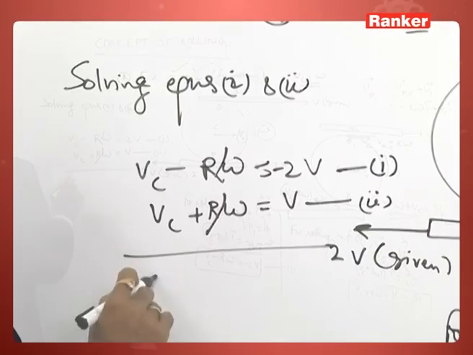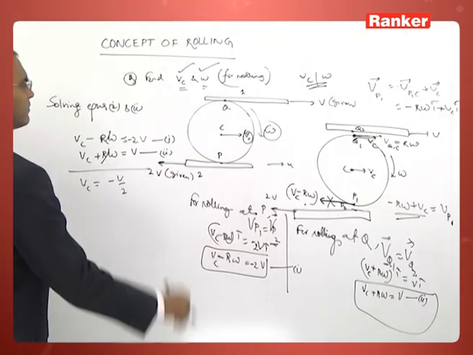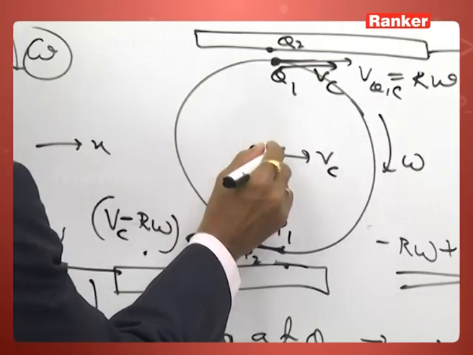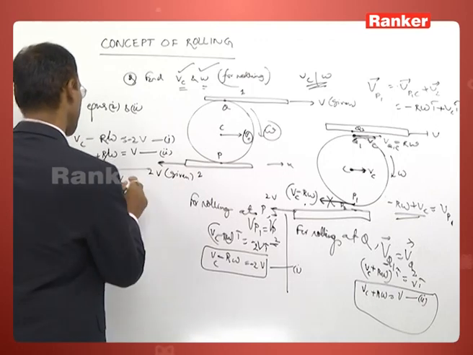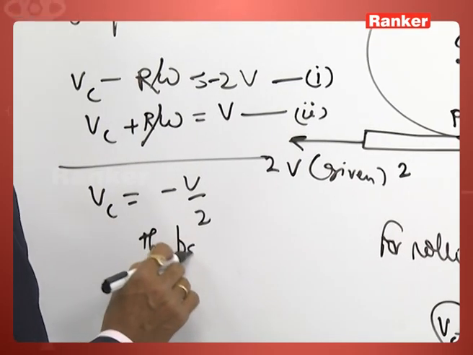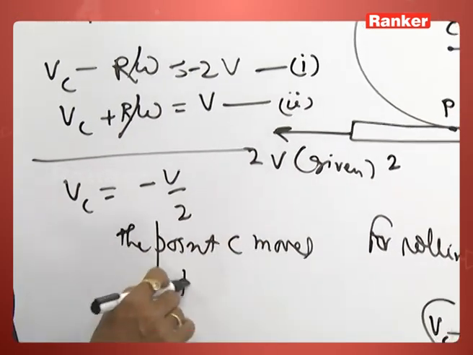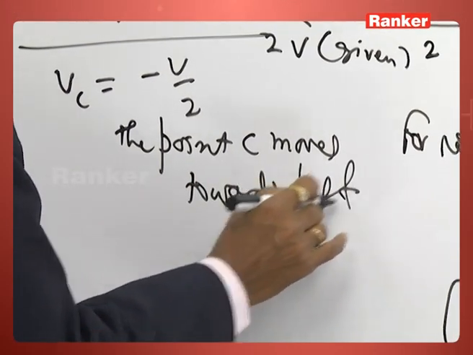So Vc is equal to minus v by 2. We have taken velocity of this point in positive x direction, but we are getting negative answer. Therefore, the point C moves towards left.